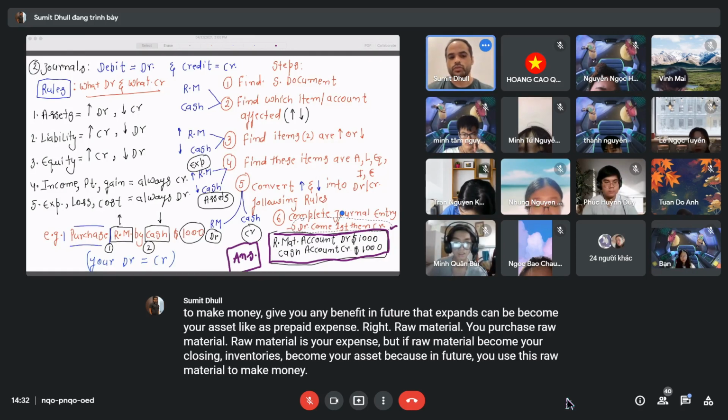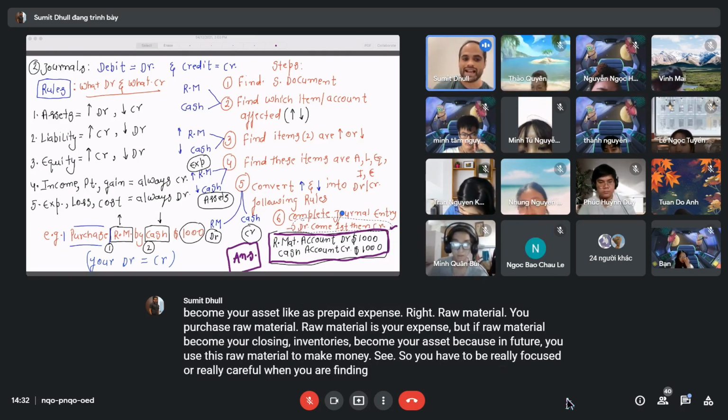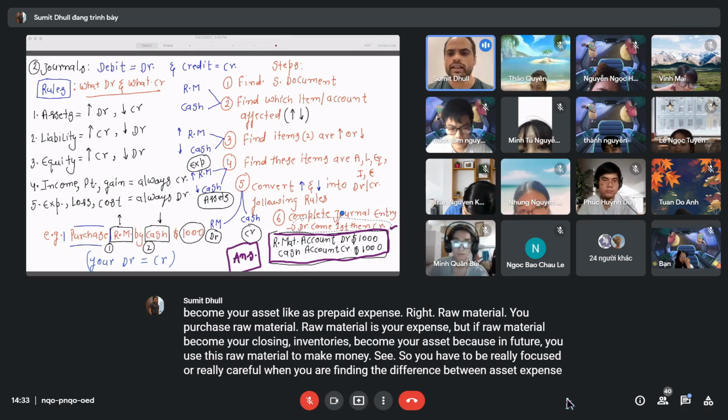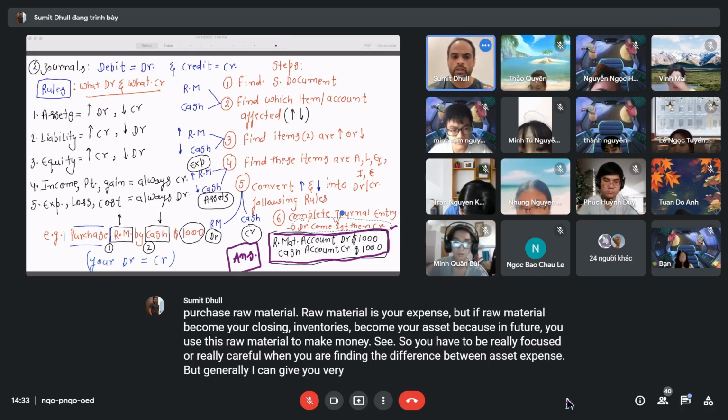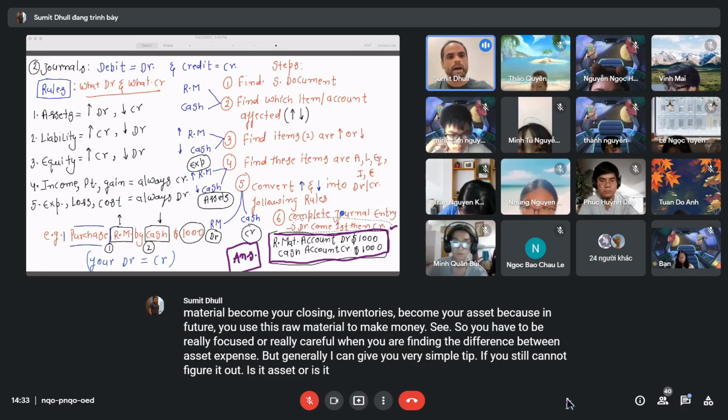See? So you have to be really focused or really careful when you are finding the difference between asset and expense. But generally, I can give you a very simple tip. If you still cannot figure it out, is it asset or is it expense? You just go back to the list of the assets.